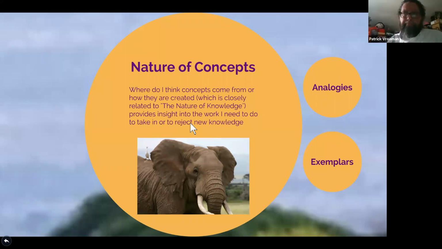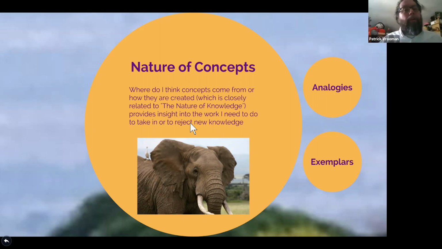Yep. So if I believe that knowledge comes from the experts, that's where it comes from. I have my own little interpretations as well, but keep going, please.